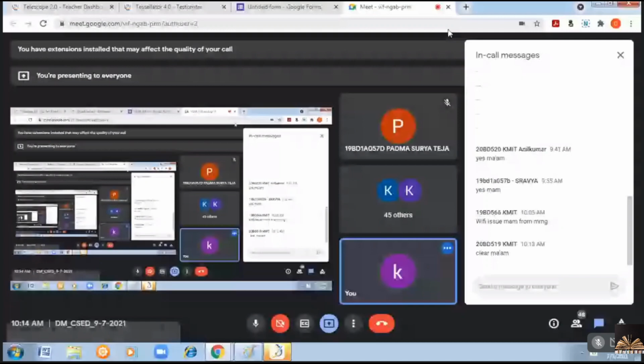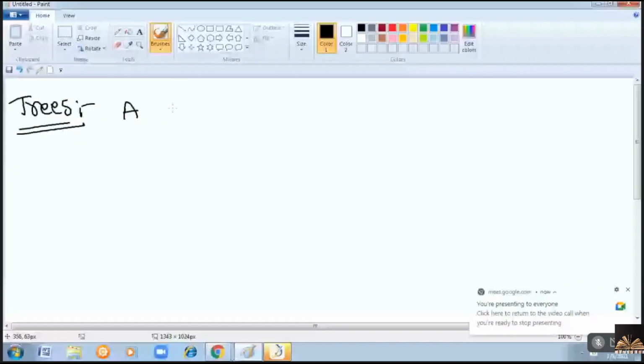A tree is a connected graph without circuits or loops.